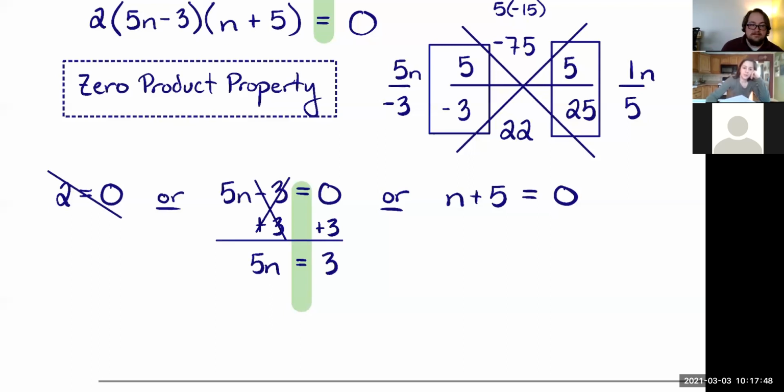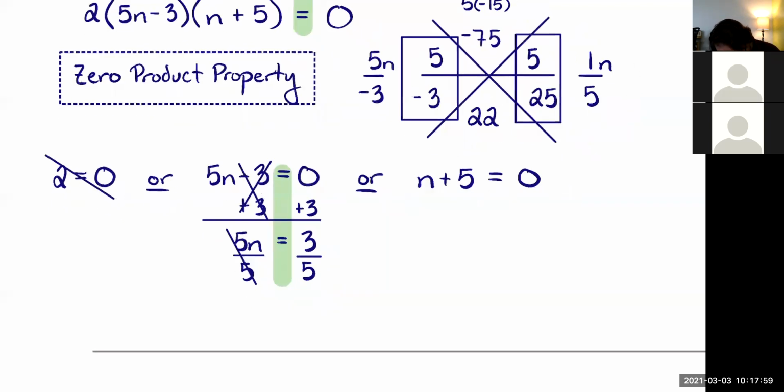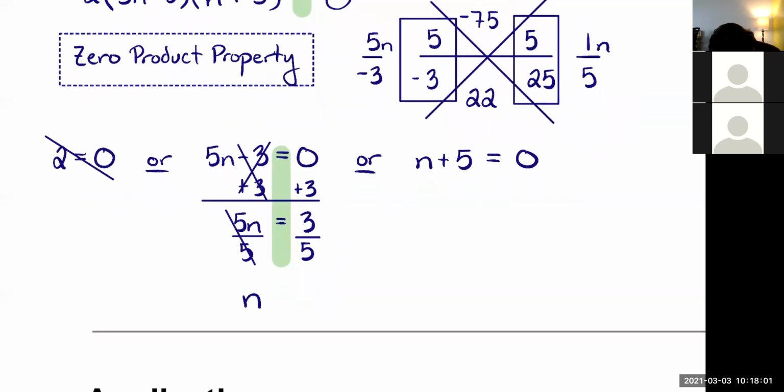Then what? Divide by 5. 5 divided by 5 on the left is gone, leaving me with just n. On the right, 3 divided by 5, I'm going to get a decimal, but I happen to know that 3/5 is already simplified as a fraction, so I'm happy with that.